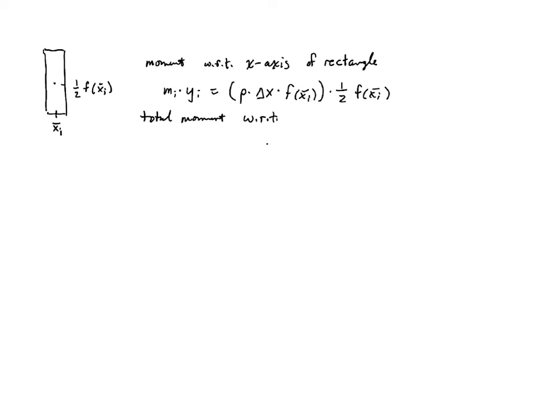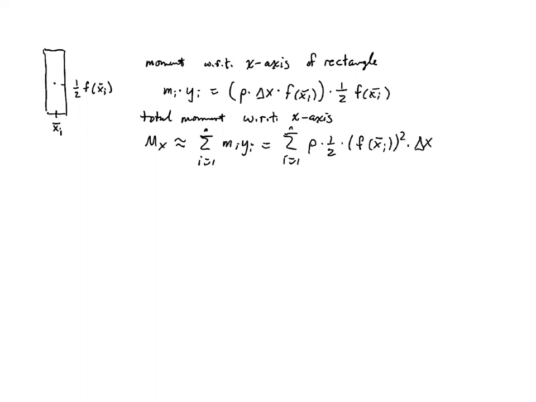with respect to the x-axis, that's our m sub x, is approximately the sum i equals 1 to n of the individual moments. Rearranging the terms in the expression for mi, yi above, we have the summation i equals 1 to n of rho times 1/2 times f of xi bar squared times delta x.